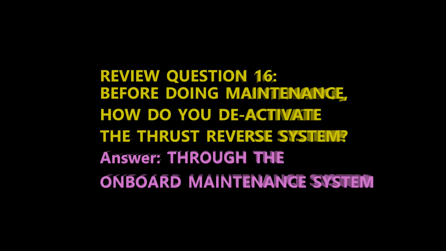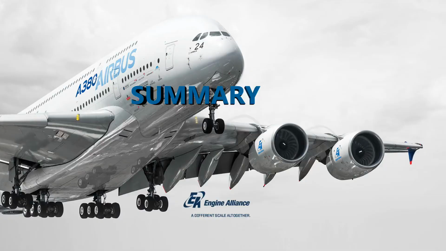All right, so that gives you at least a general familiarization with the operation of the thrust reverser system and the computers that are involved, your interfaces, your lines of command.